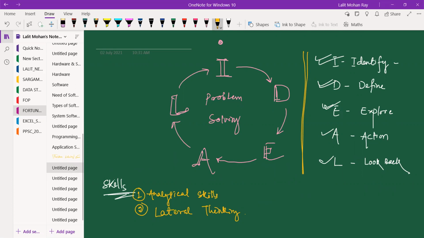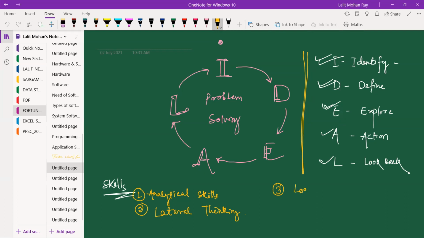You have to be inspired by other sources for solving the problem, because so many unexpected things will come during your problem solving. To solve those problems, you have to use this type of skill, lateral thinking.